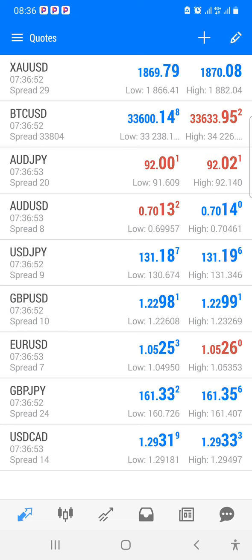The best time to trade is between 8 a.m. and 3 o'clock in the afternoon, because that is when the London session and the US session are open, and based on our time zone here, that's the time we are majorly awake, everybody doing their daily jobs and lives. So this is where you see your currency pairs.